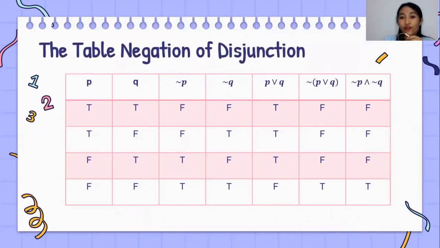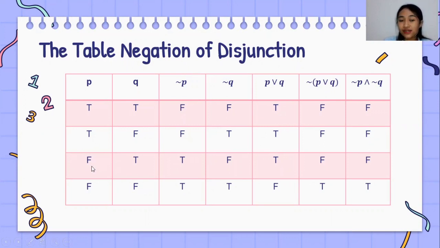The table of negation of disjunction. If P is true and Q is true, negation P is false and negation Q is false, P or Q is true, and negation (P or Q) is false, equal to negation P and negation Q, which is false. If P is true and Q is false, negation P is false and negation Q is true, P or Q is true. Negation (P or Q) is false, equal to negation P and negation Q, which is false.